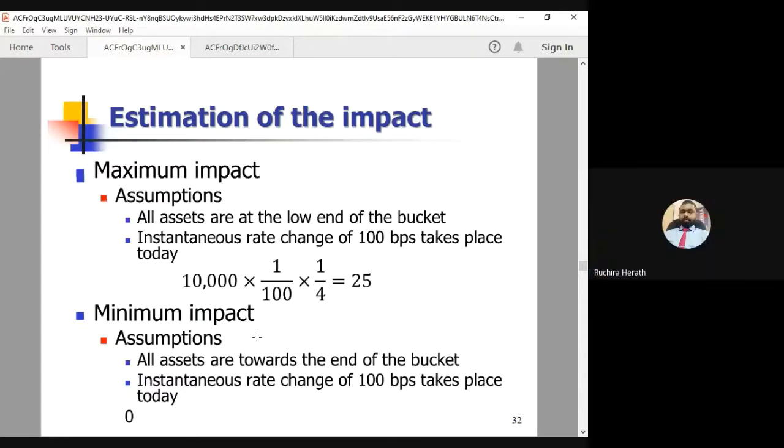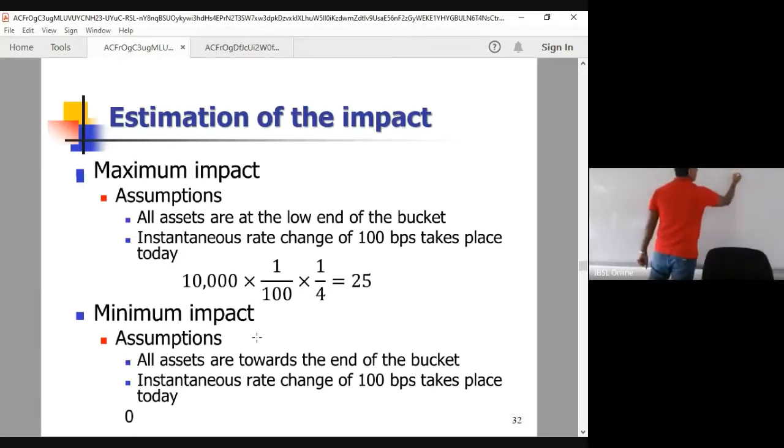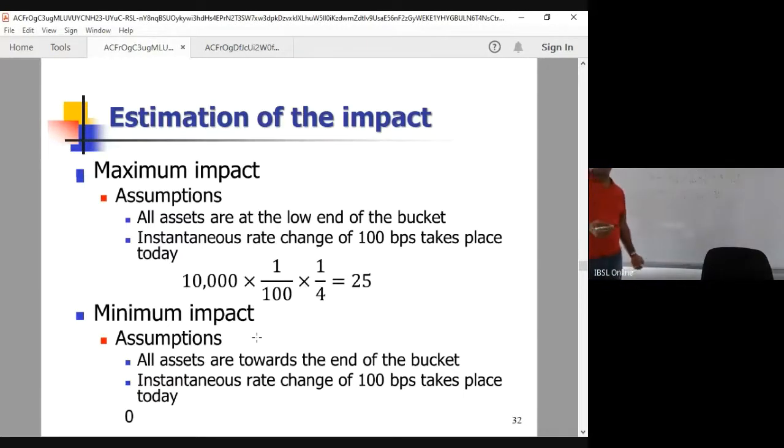Correct. So if the interest movement is say 0.5%, it will be 0.5%. It's a percentage basically to calculate it.